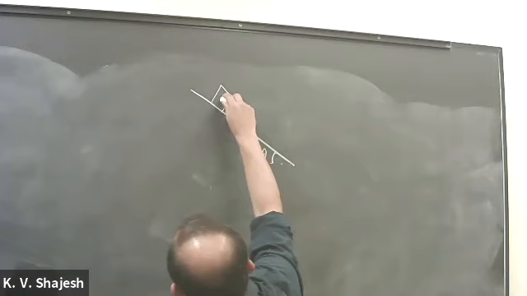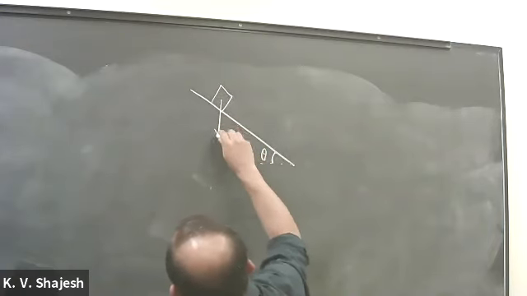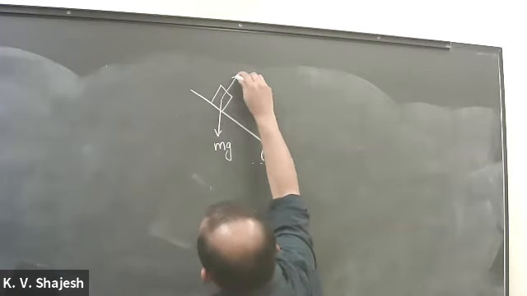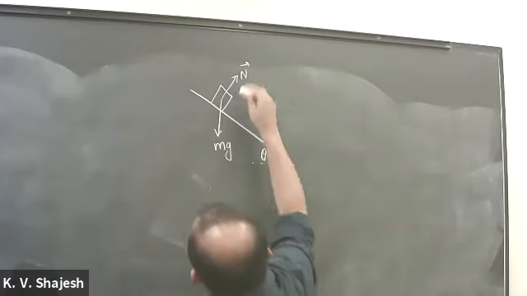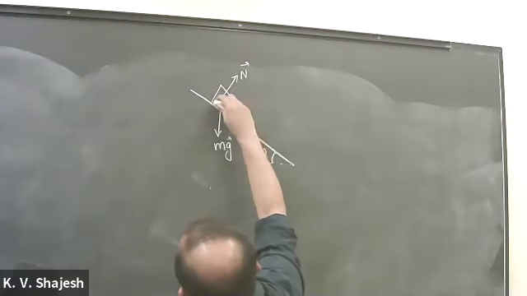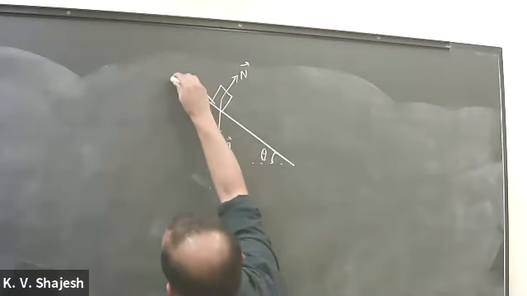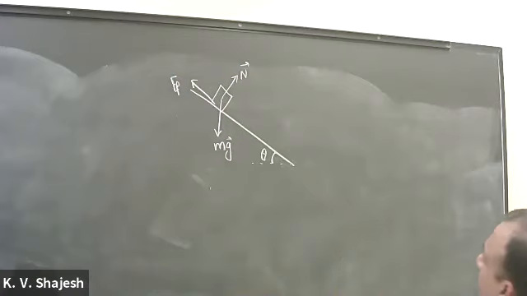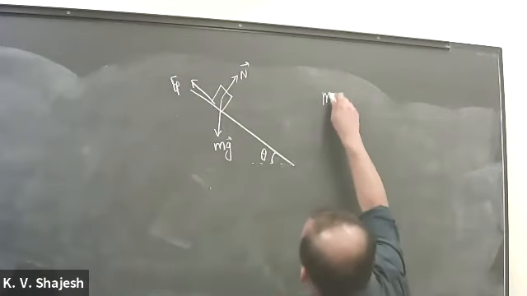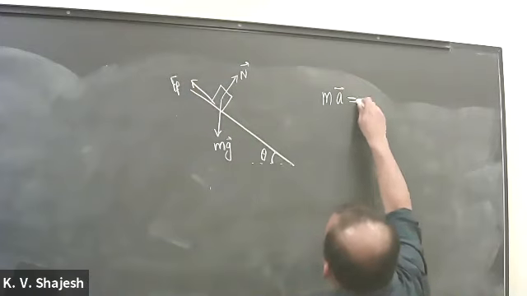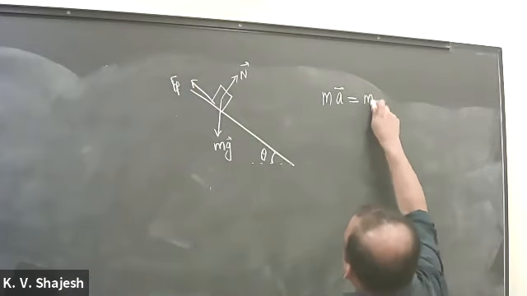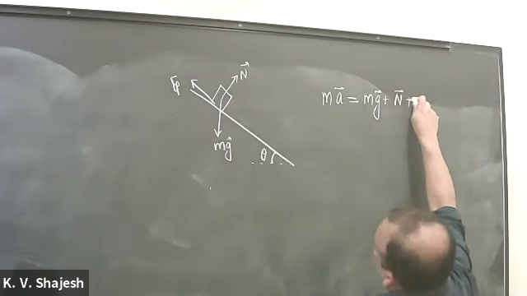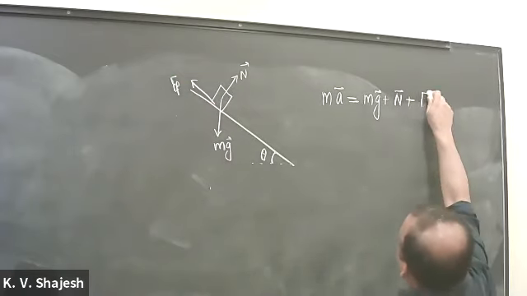Let's identify the forces first: mg acting downwards, the normal force acting perpendicular to the plane, and the force of friction acting in the backward direction. So you would write your Newton's law as mg plus the normal force plus the force of friction.